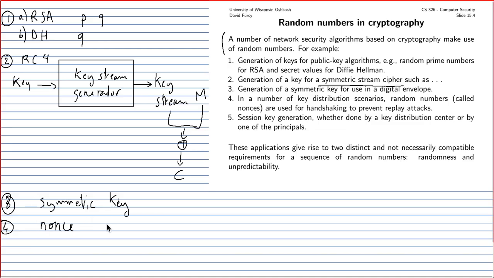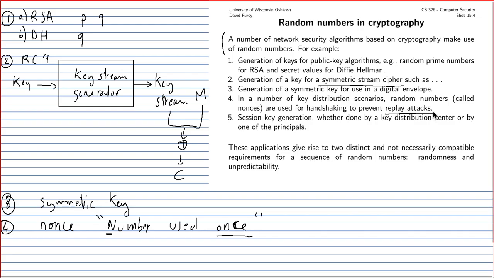So a nonce is a number that is used only once. So that's where the name comes from, nonce. And the reason these numbers are important is because they are used to prevent what are called replay attacks.